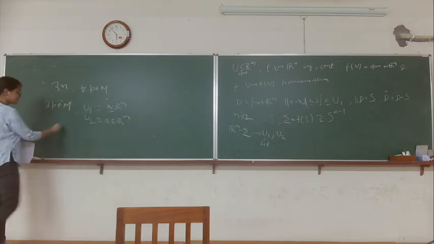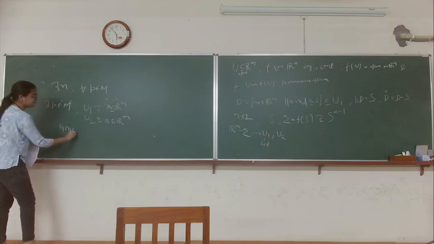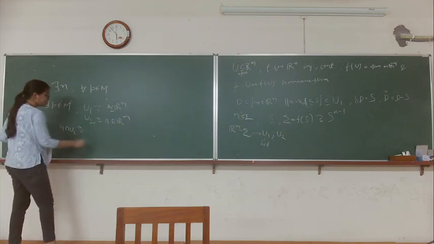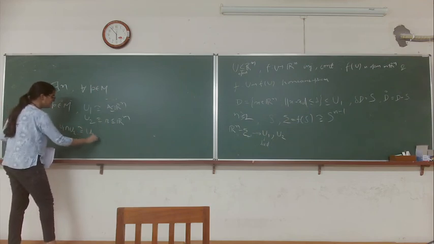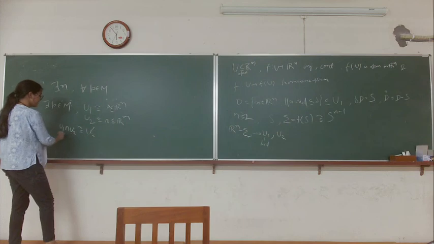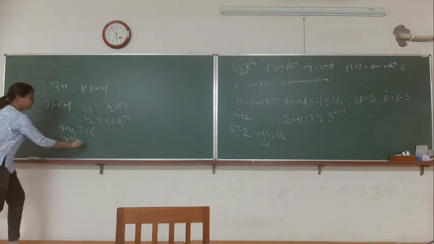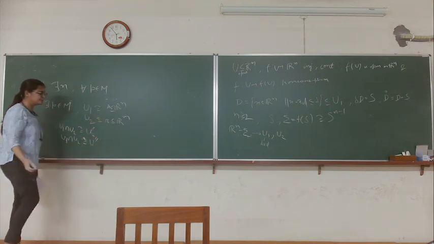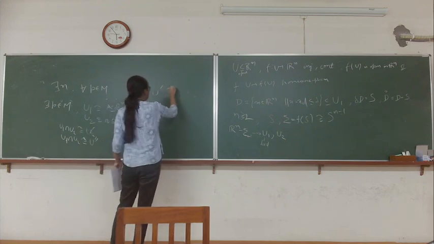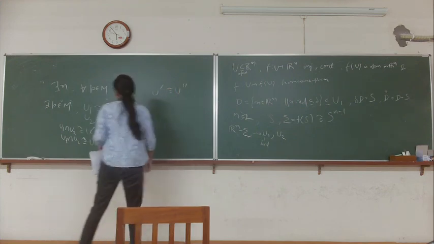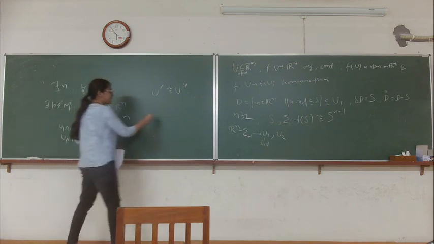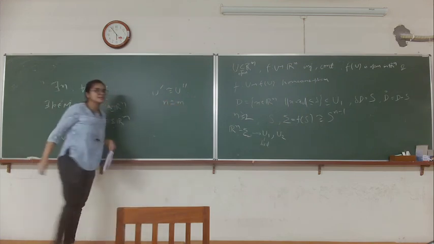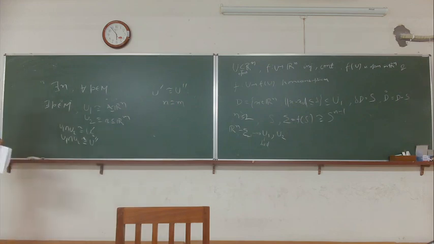Then U1 intersection U2 will be homeomorphic to an open subset of Rn, say U dash, and also to an open subset of Rm, say U double dash. So U dash and U double dash are homeomorphic themselves, and by the dimension invariance we get that n equals m. So this gives us the well-definedness of the dimension of a smooth manifold, which is this number n for which it is locally Euclidean and is contained in Rn.